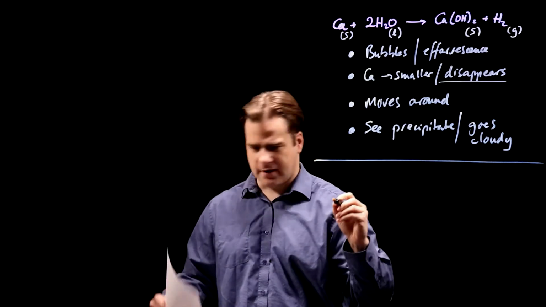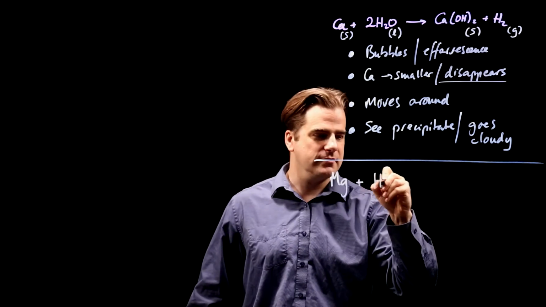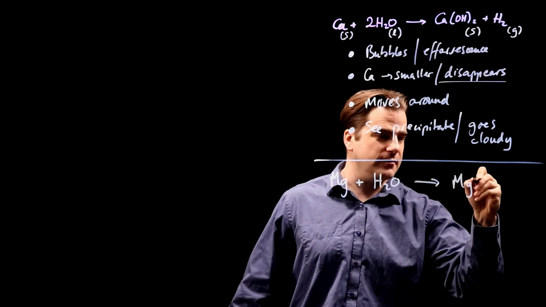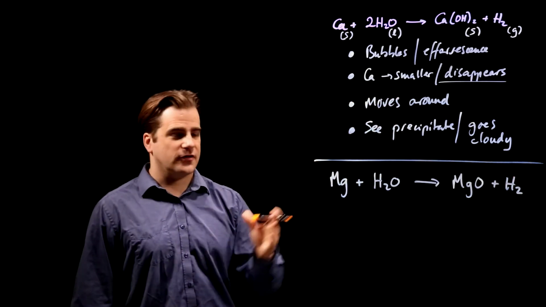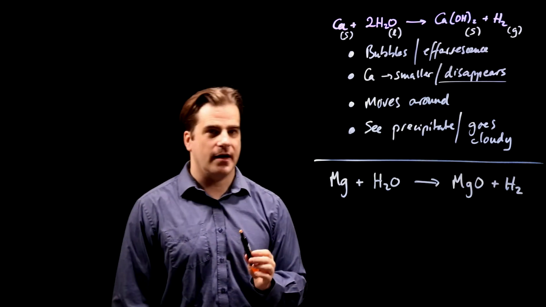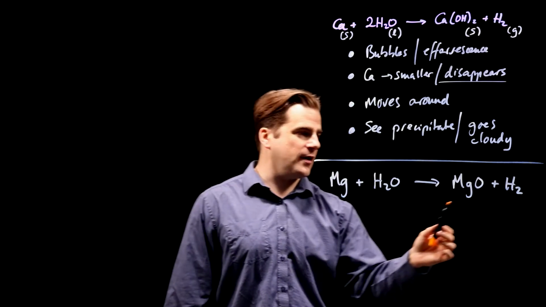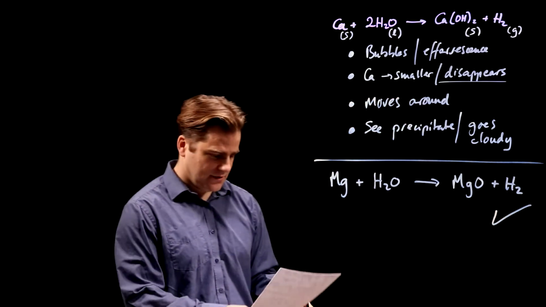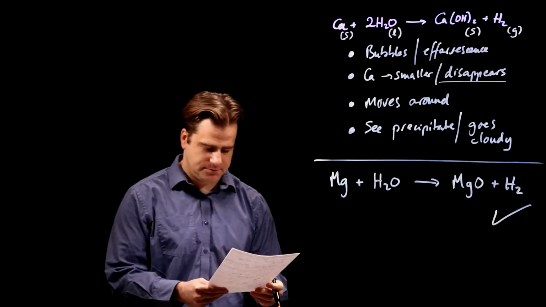Magnesium plus water forms magnesium oxide and hydrogen. So we've just got to balance it. 1 magnesium there, 1 magnesium there. It's good. 2 hydrogens there, 2 hydrogens there. 1 oxygen there, 1 oxygen there. We don't need to do anything. 2 marks? I'll take that.